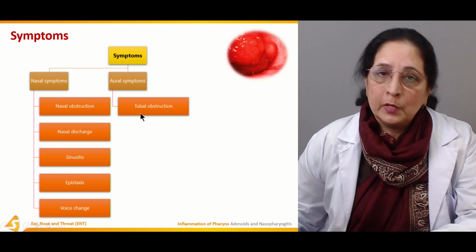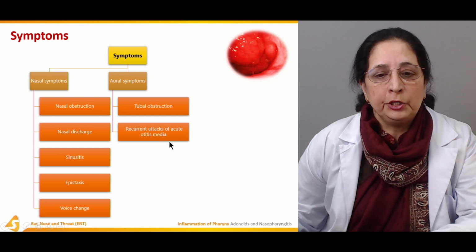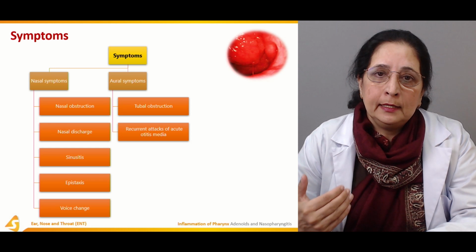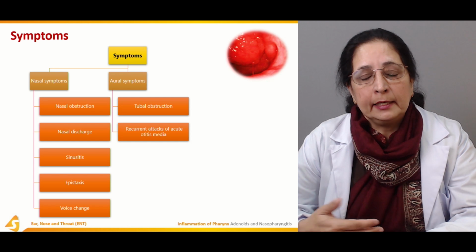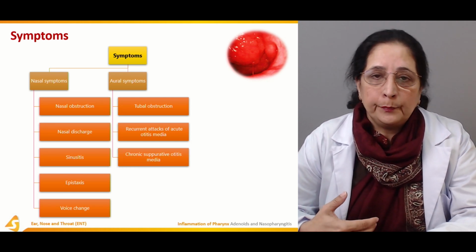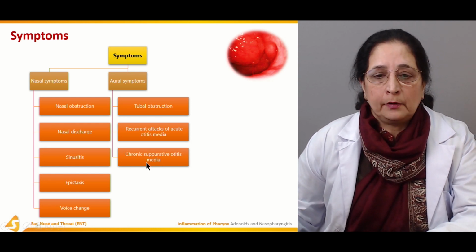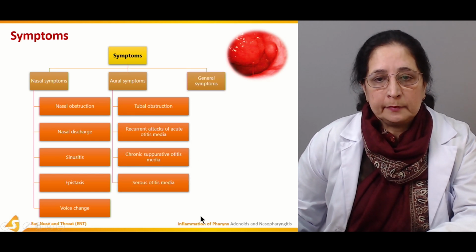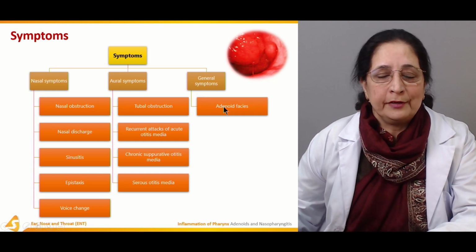So there is tubal obstruction, recurrent attacks of acute otitis media, infection of the middle ear cavity, acute, recurrent, keeps on happening again and again. Chronic suppurative otitis media, there is pus from the middle ear. Serous otitis media.